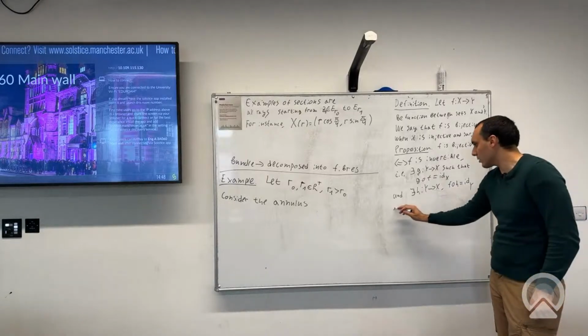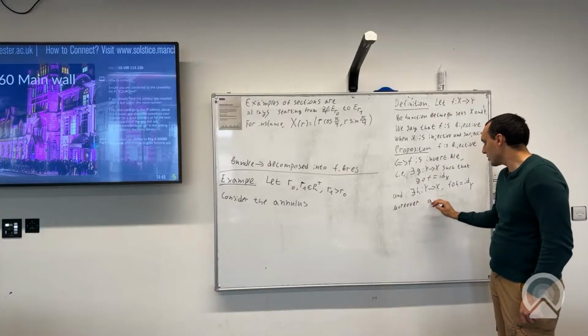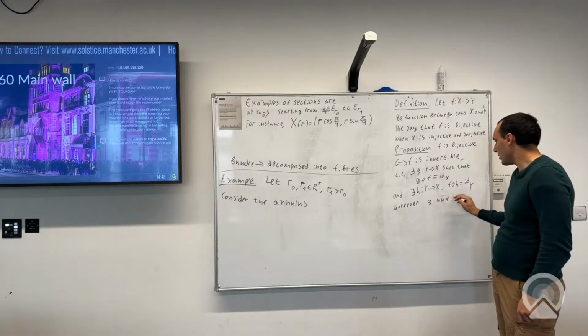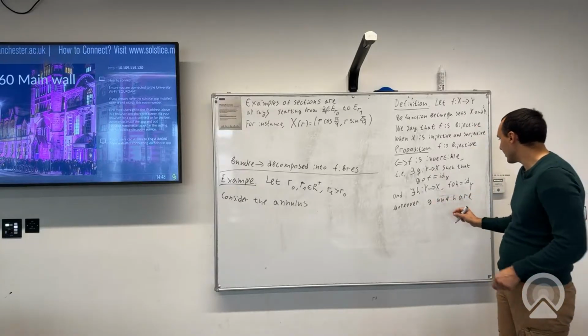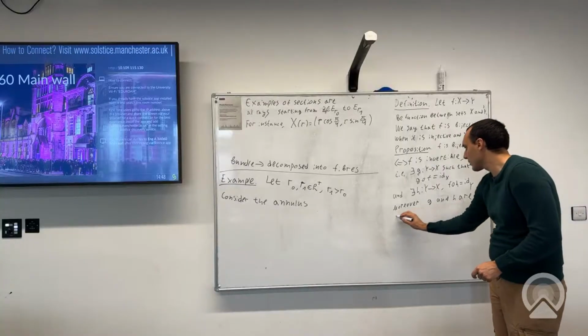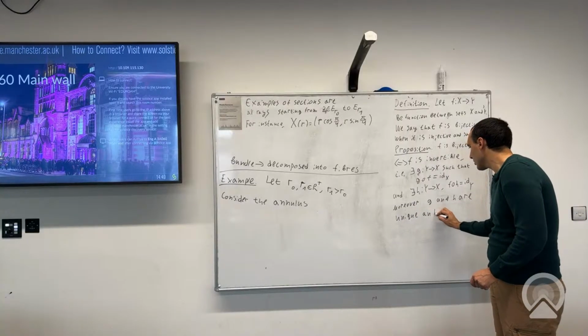So moreover, g and h are unique. It's not very precise how I state it. I suppose it's unique. And g equals h.